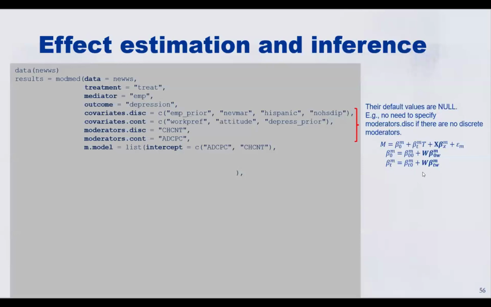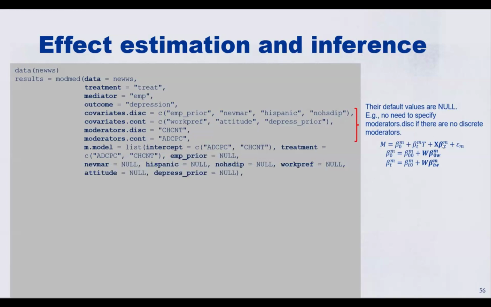And I also write the path from treatment to the mediator as a function of the moderators. So when specifying the mediator model, tell the program that the intercept is a function of the moderators, and the coefficient of the treatment in the mediator model is also a function of the moderators.